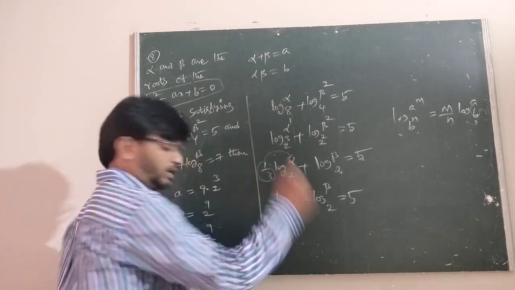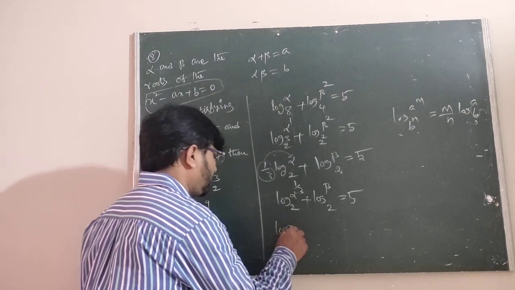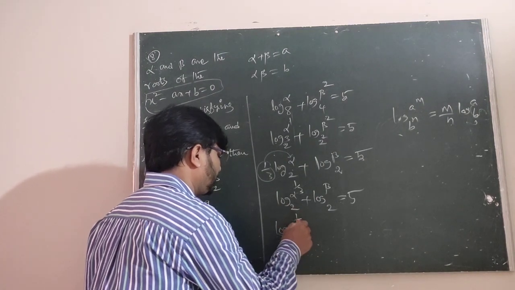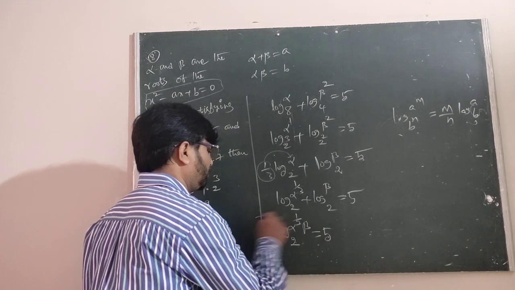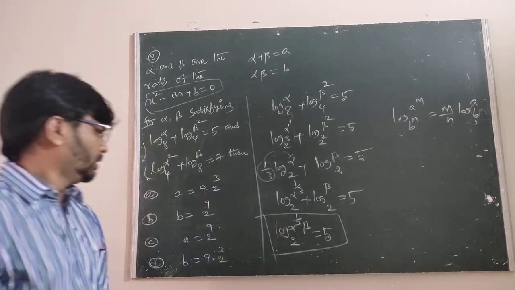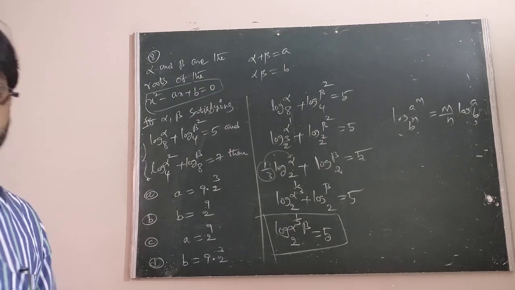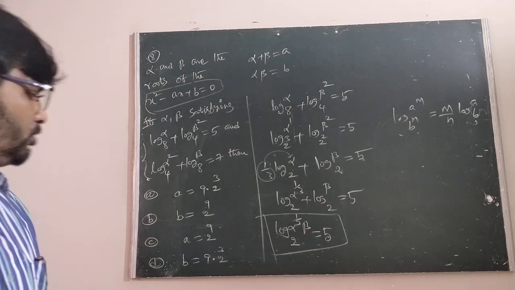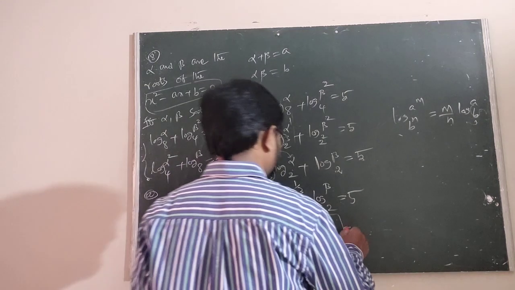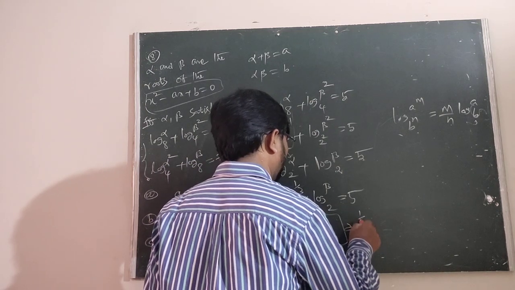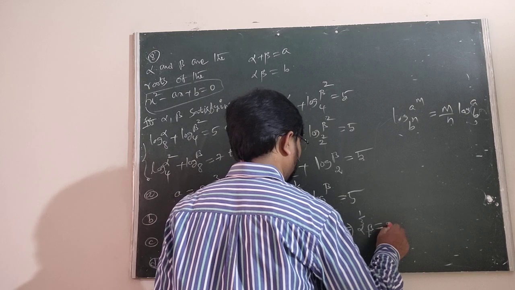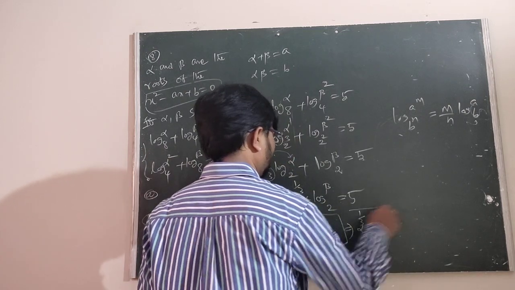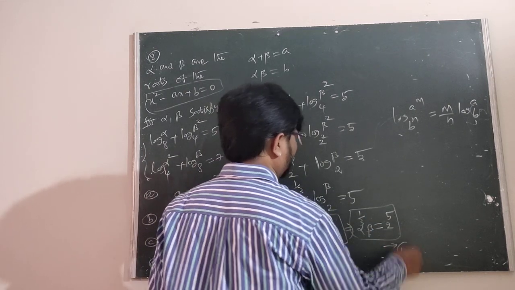Now this is logarithm of alpha power 1 by 3 into beta base 2 equal to 5. This can be written as alpha power 1 by 3 into beta is 2 power 5. This is equation 1.